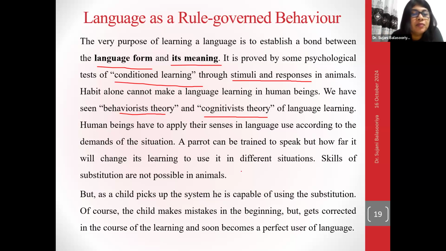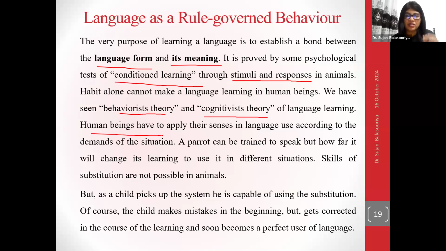Human beings have to apply their senses in language use according to the demands of the situation. According to the context, the situation where the person is using language, he or she has to use the senses as well.